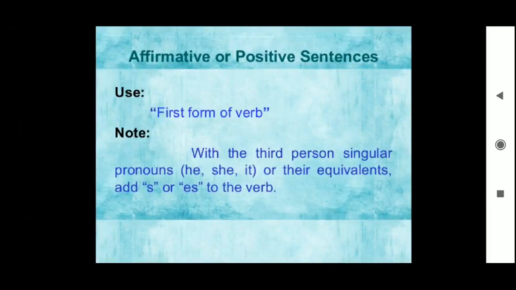And you know that as present tense has four aspects, four forms, similarly present indefinite tense or simple present also has four forms: affirmative or positive sentences, negative sentences, interrogative sentences, and interrogative negative sentences.